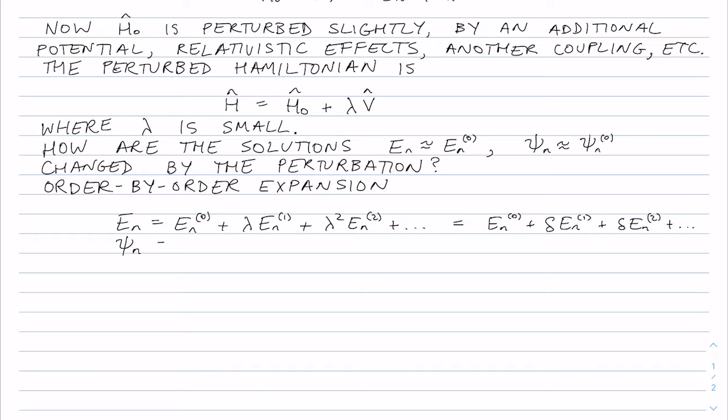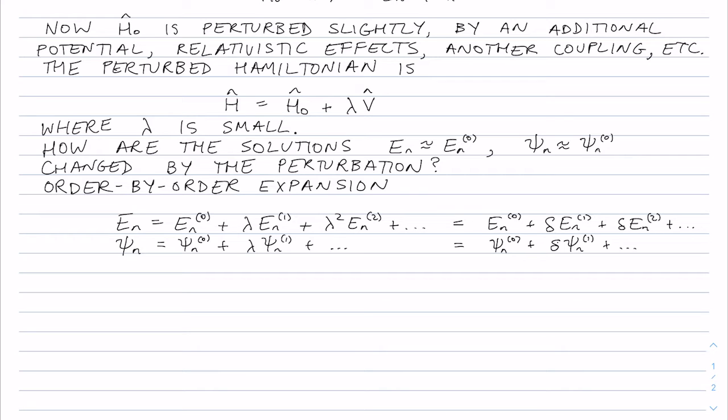will be expanded into the original wave function of the unperturbed Hamiltonian plus a small change, which is due to the perturbation. And we sometimes would write that as this.